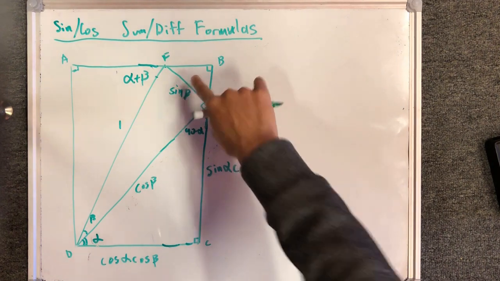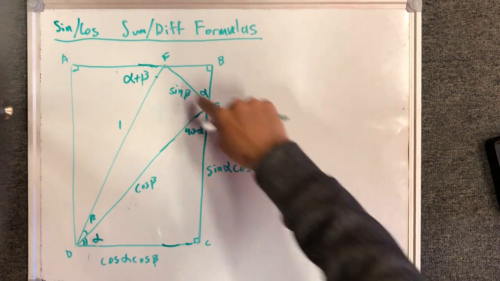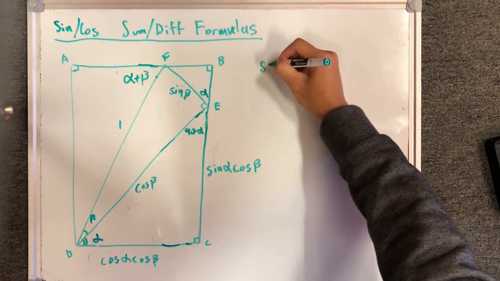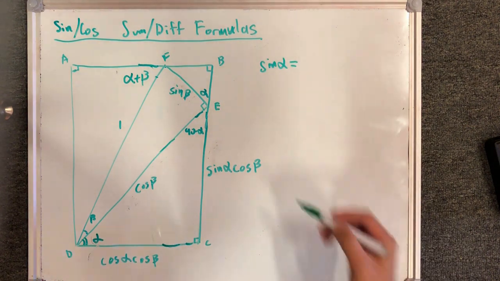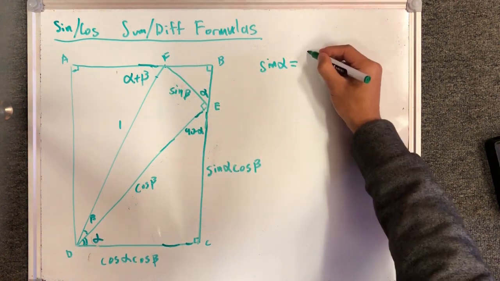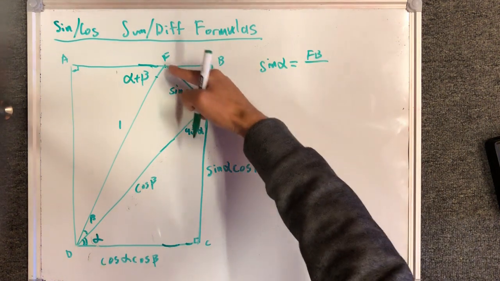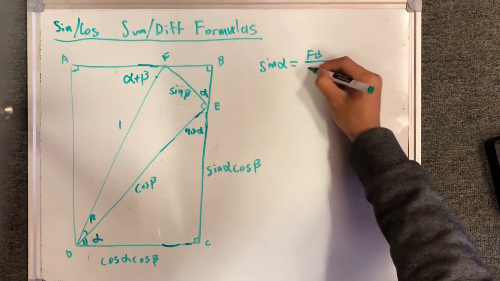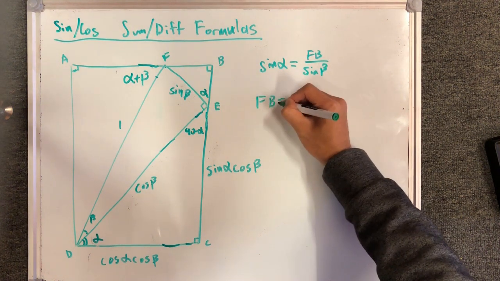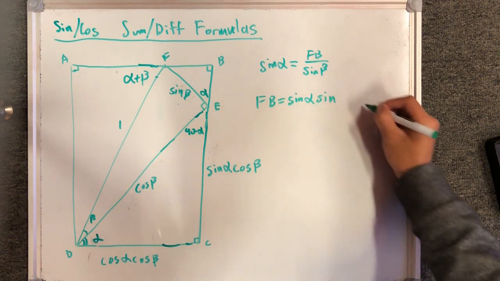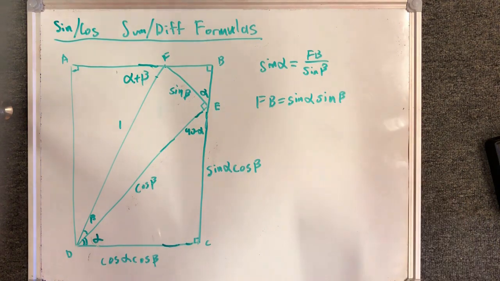Now let's look at this right triangle on top here, this little one, EFB. If I take the sine of alpha here, this must give me FB over FE, which is sine of beta. And I get that FB is sine alpha sine beta.